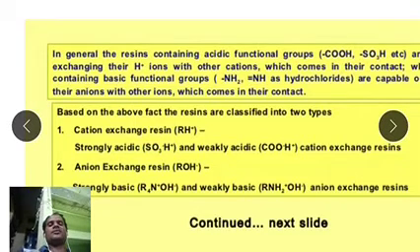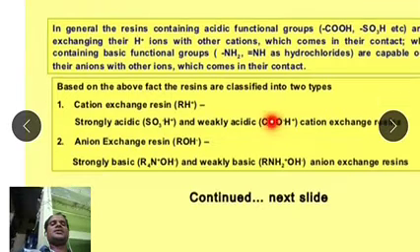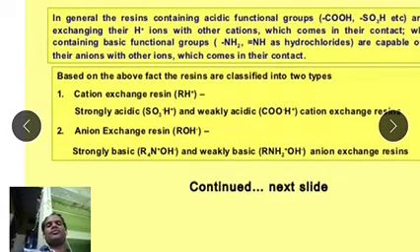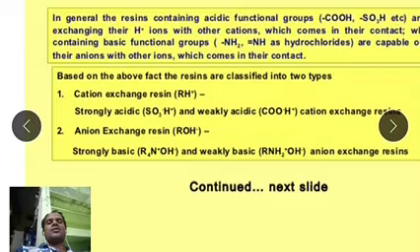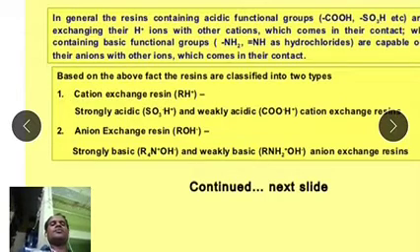Based on the above fact, the resins are classified into two types. Cation exchanger resins, RH plus, are strongly acidic, SO3H, and weakly acidic, carboxylic.